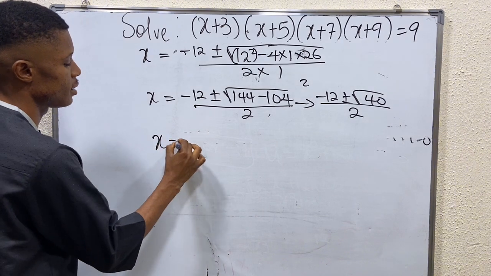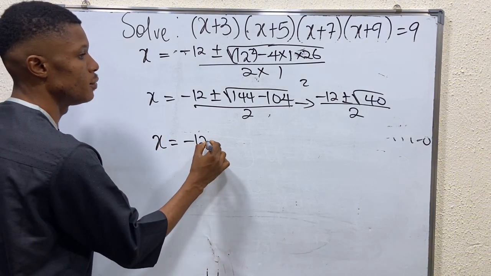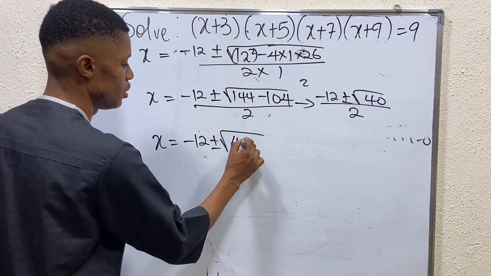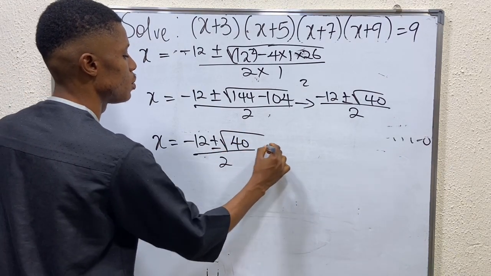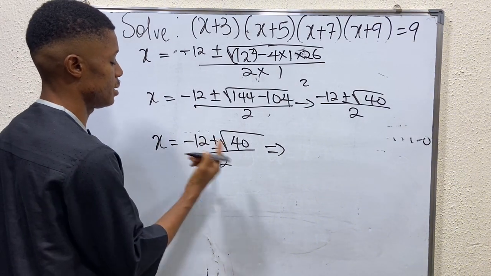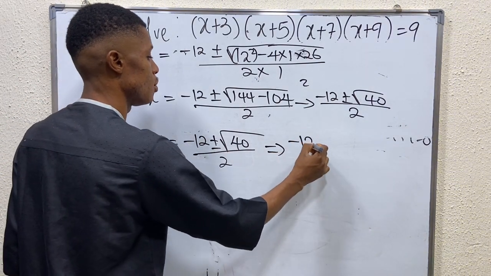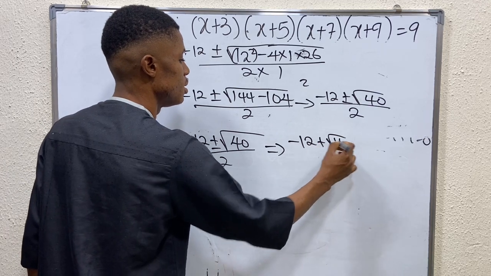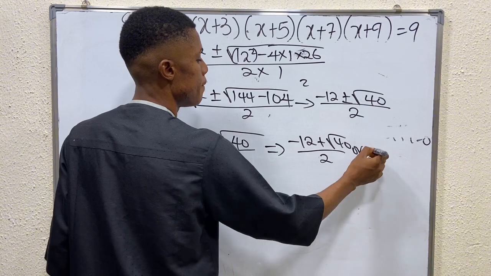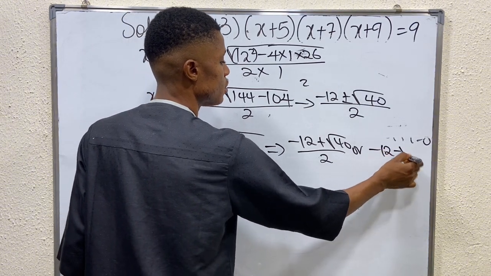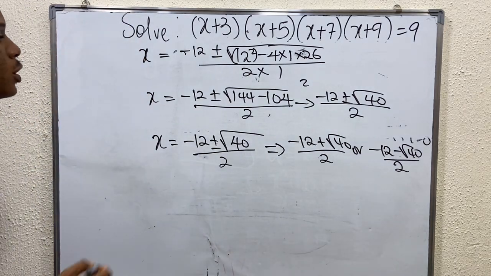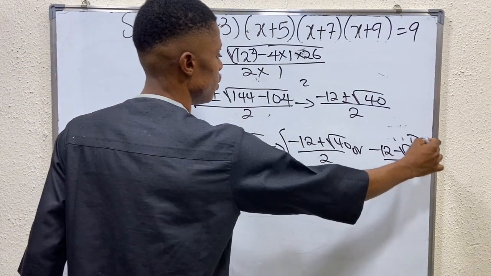We've known that x is equal to minus 12 plus or minus the square root of 40, divided by 2, which is the same thing as, we can now write it as minus 12 plus root 40 divided by 2, or minus 12 minus root 40 divided by 2. These are the first possible solutions for x.